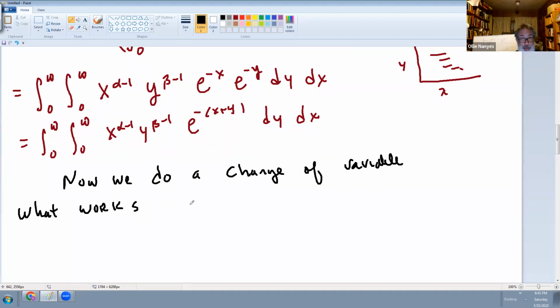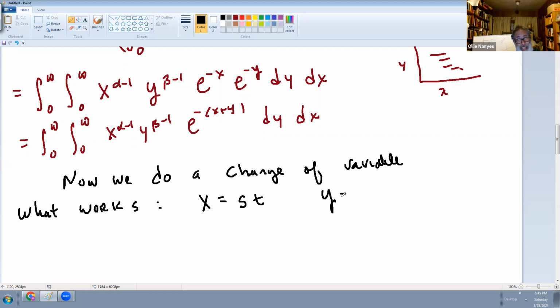What works is you let x equal s times t, and you'll see in a minute why this works.